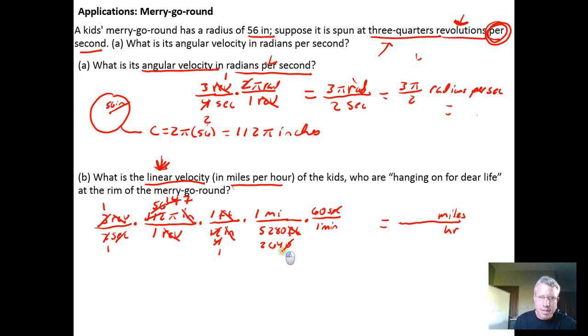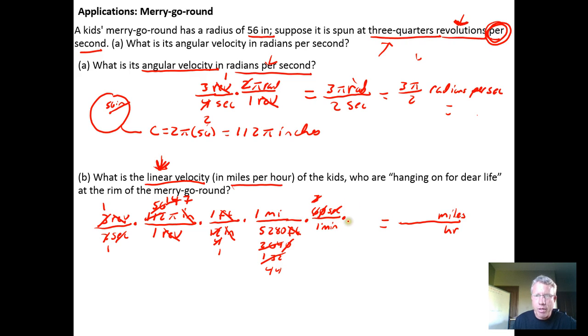I see that this 10 will go into each of those, and 2 will go in there 3 times. So we get 1. 2 goes into here, 132. And the 3 will go in here evenly as well, it looks like. So 3 will go into this. 3 goes into there, 12. We get 4 times 3 is 12. 44 times. And we're in miles per minute.